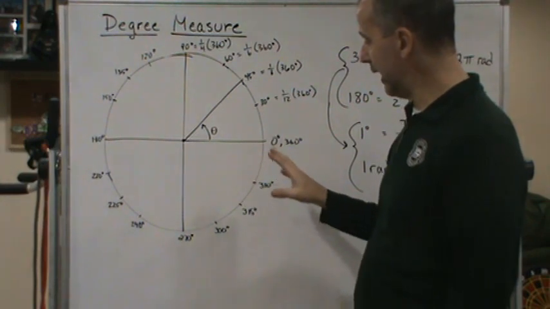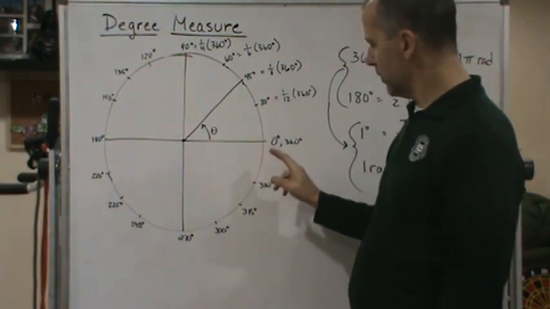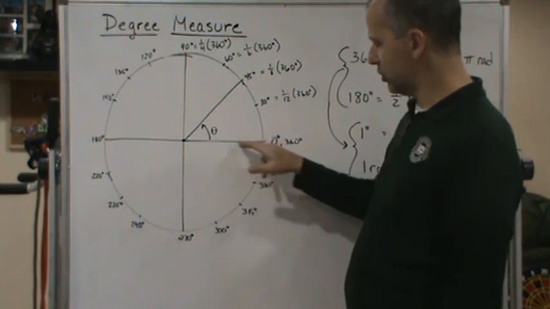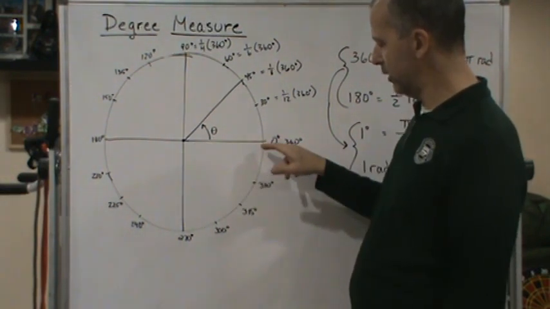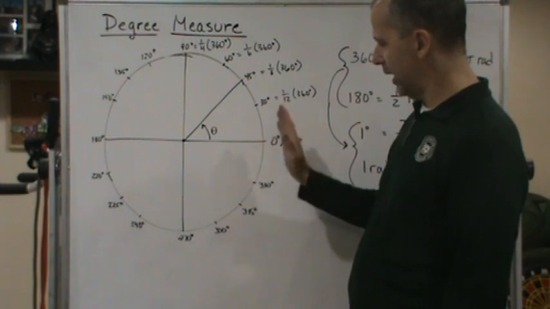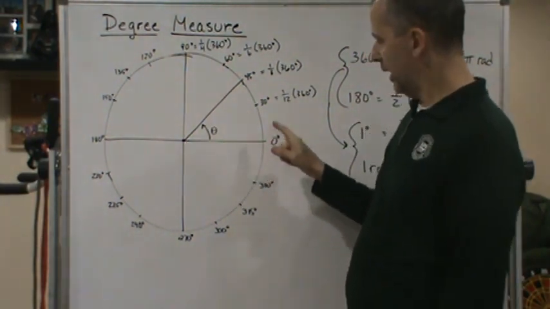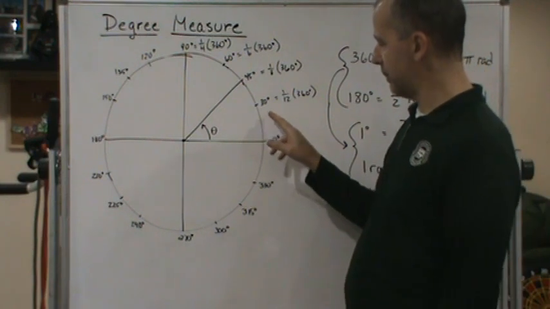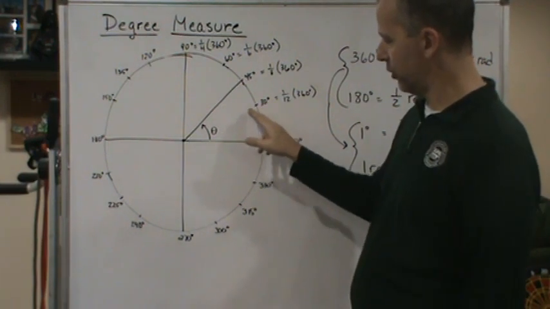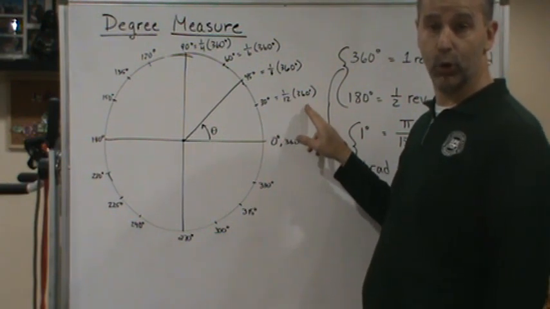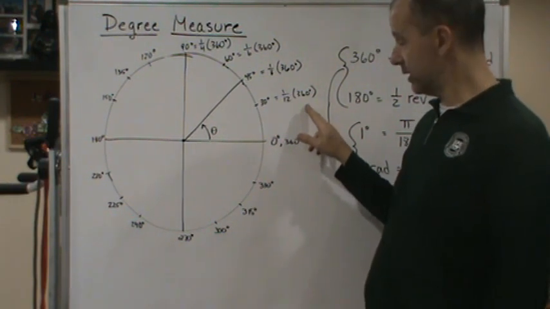So now if we look at this angle theta, and again the initial ray, the initial side of the angle is at 0 degrees. And the terminal side is going to be at wherever theta lands. And notice that we can split this up into 30 degrees, so a 30-degree angle here, and that's 1/12 of the full revolution, or 360 degrees.